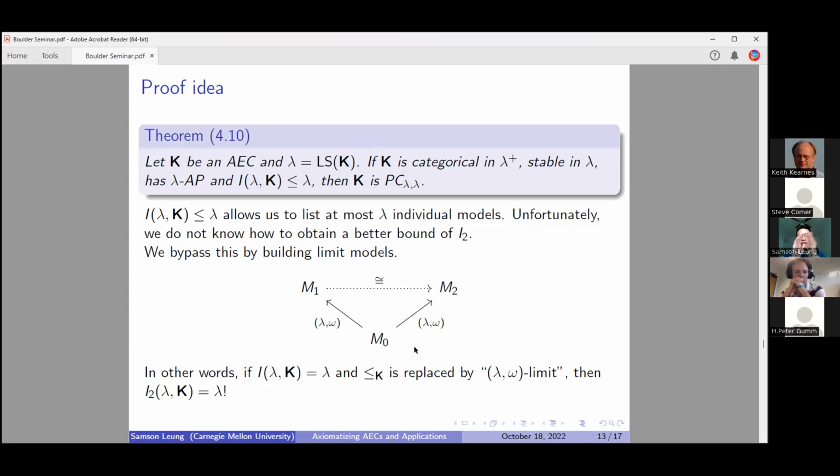So let's assume we have only one base in this world, and consider what is I2. Well, we have M0, M1 as one pair, and M0, M2 as another pair. Because this isomorphism already fixes M0, it witnesses that you have only one pair in I2 up to isomorphism.